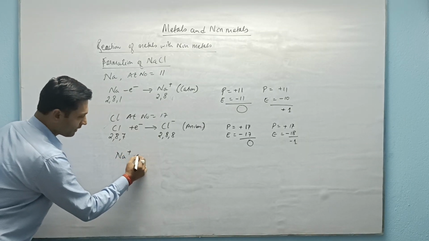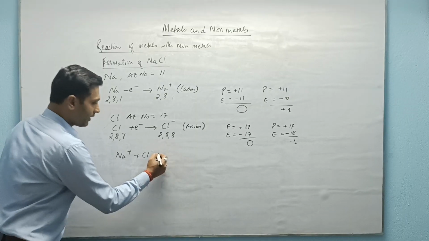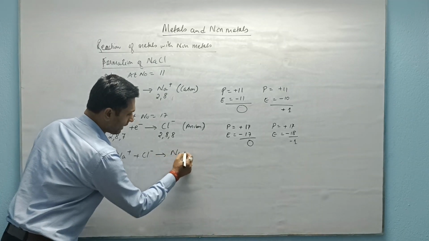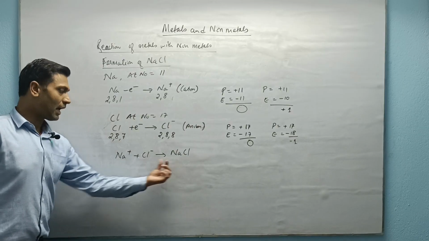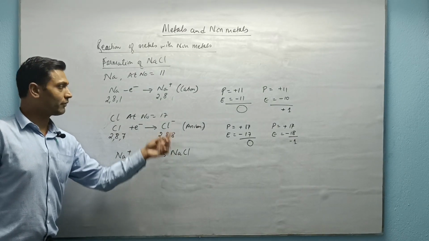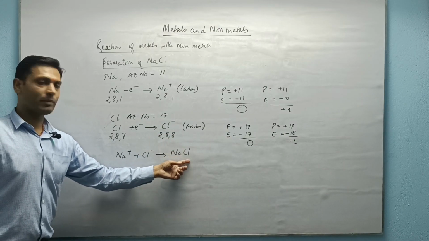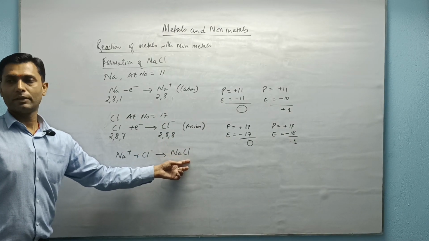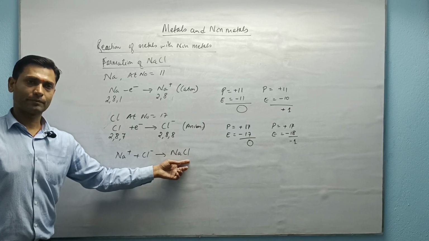Na plus and Cl minus will combine to form NaCl. And both now have a stable configuration. Sodium has the configuration 2, 8. Chlorine has the configuration 2, 8, 8. So sodium chloride becomes a stable compound.